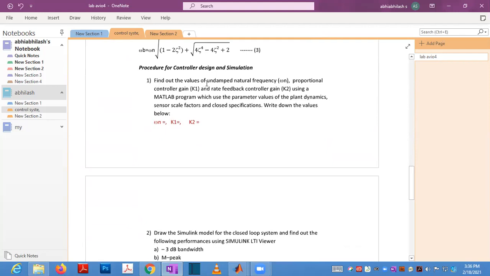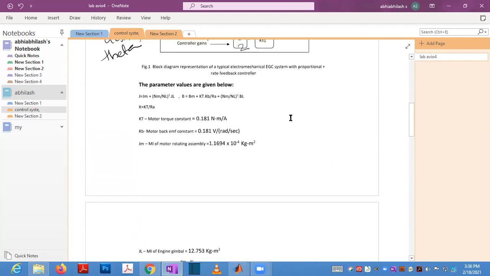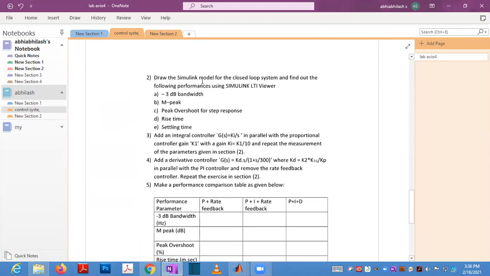This one is the procedure first. Omega n, K1, K2 you have to find out. Second thing, you have to make this model in Simulink, and in the LTI viewer you have to measure these things. But you are not studying minus 3 dB bandwidth and Mp.